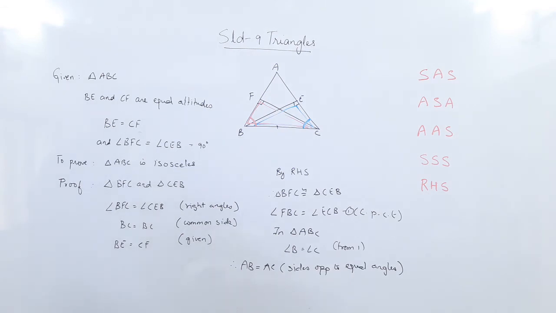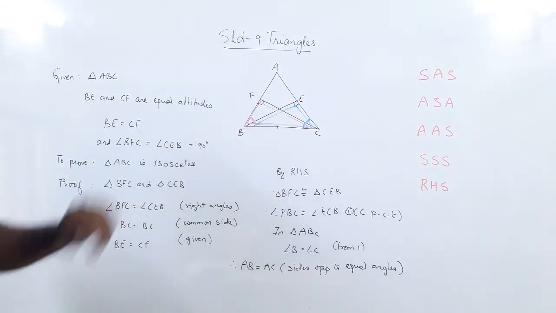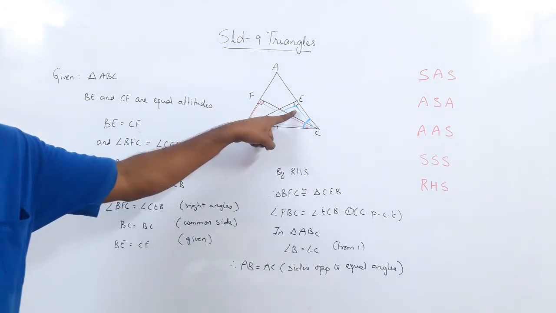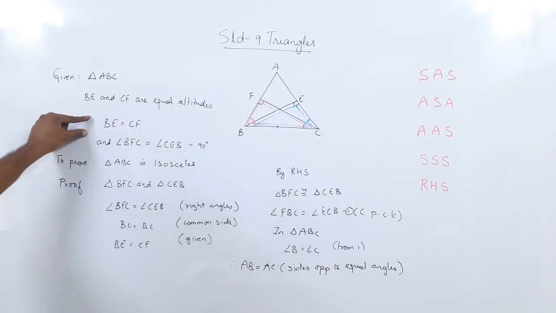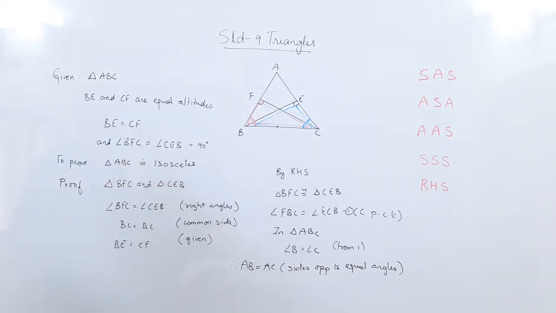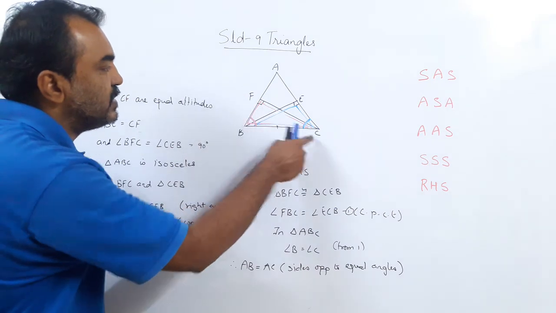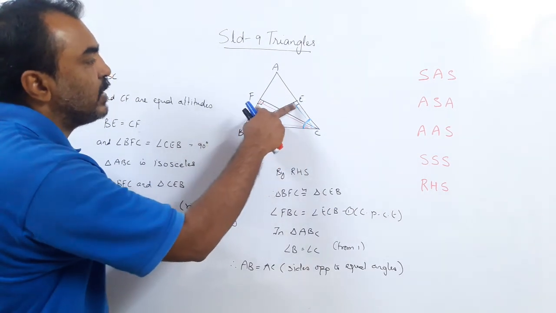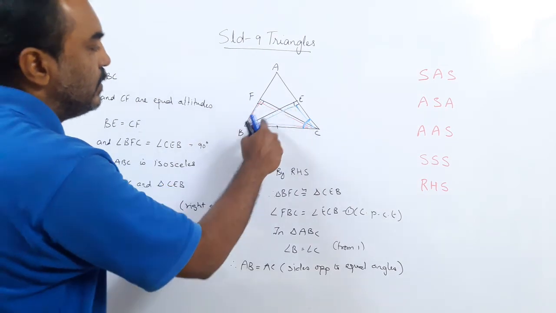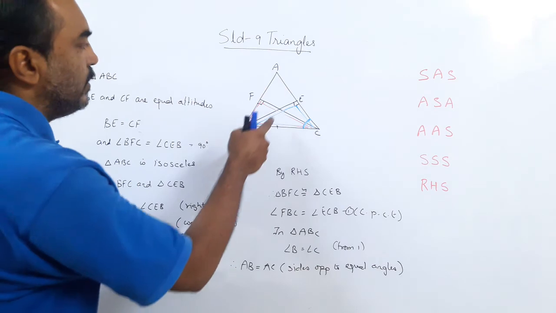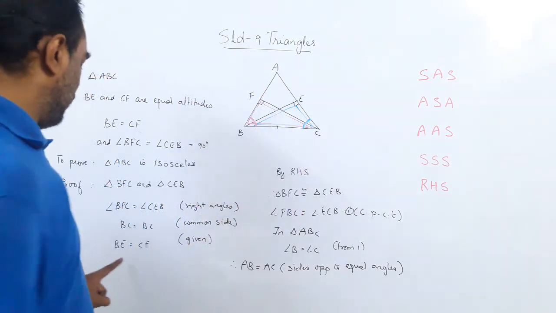So I hope you understood the sum. We are given triangle ABC in which BE and CF are altitudes at 90 degrees and they are given equal. And we had to prove that ABC is an isosceles triangle. So I took triangles FBC and ECB in which these two angles are equal because they are 90 degrees. The hypotenuse is the side common to both the triangles, and BE equal to CF is given.